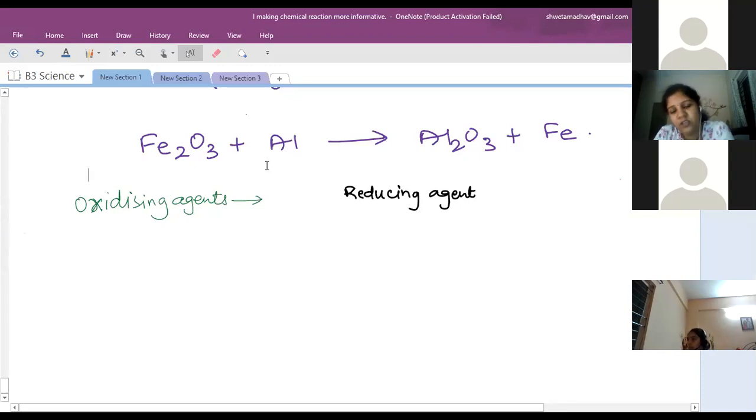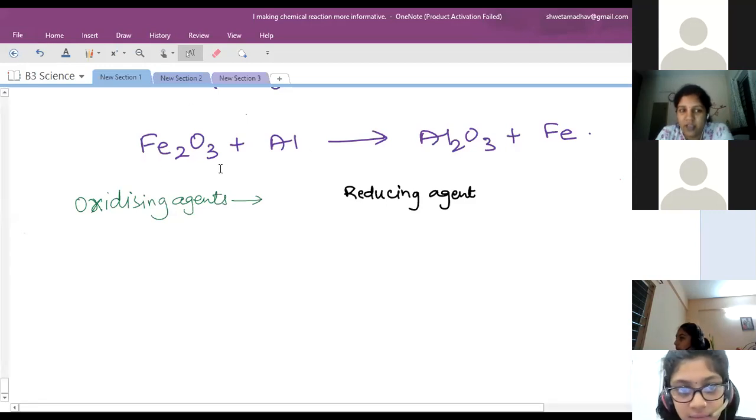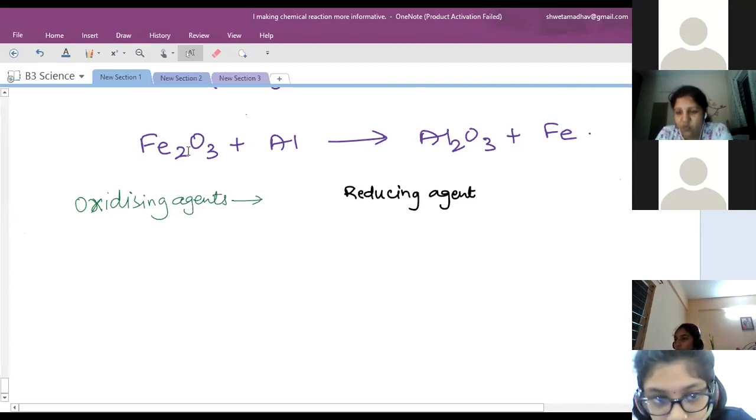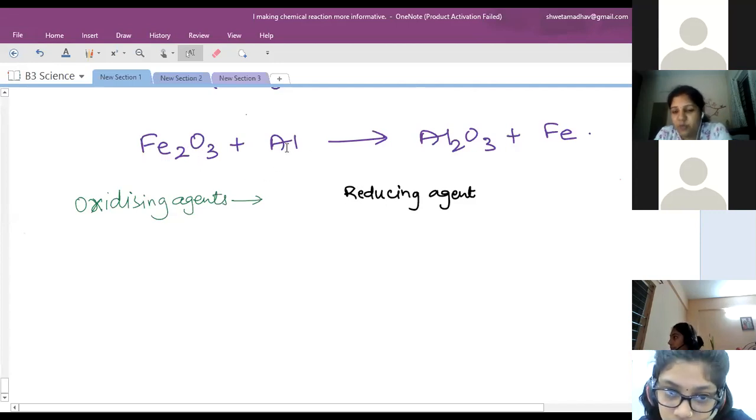Now how did aluminium gain oxygen? Did some oxygen just come and attach to aluminium? No. So someone has helped aluminium to gain oxygen. Someone has given oxygen. So who has given oxygen to aluminium? Iron oxide. This iron oxide wants to get reduced, so it doesn't want oxygen, and that oxygen gets bound with aluminium.